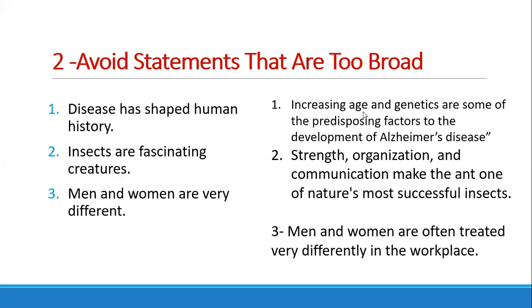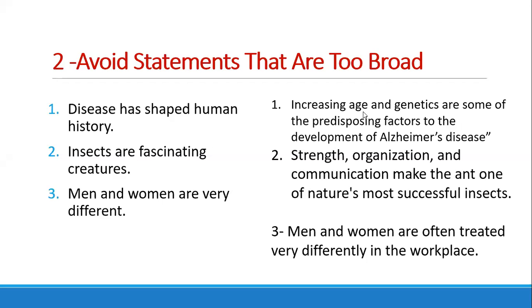Look at this. Instead of "diseases has shaped human history," "increasing age and genetics are some of the predisposing factors to the development of Alzheimer's disease." What is Alzheimer's disease? The brain is affected, and some part of it, and you tend to forget, you don't remember.